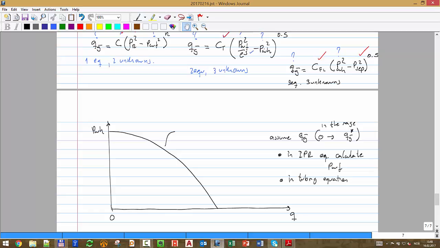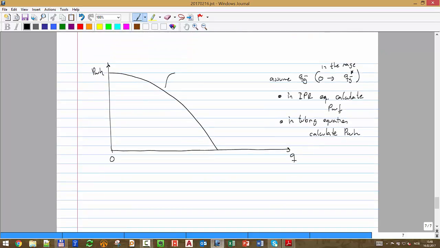Okay? In the tubing equation, calculate PWH. Okay? And then repeat for other rates. So I do it for 0 and all the way.